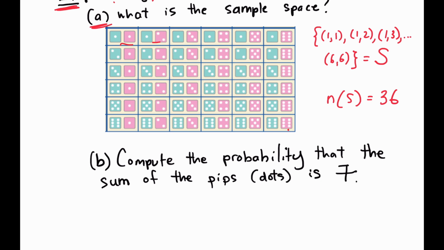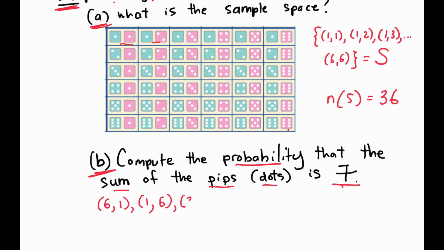So let's answer the next question. Compute the probability that the sum of the pips or the dots is 7. When would the sum be 7? Here are some possibilities: when one die has a 6 and the other has a 1, or the opposite happens, where the first die and the second die are swapped.